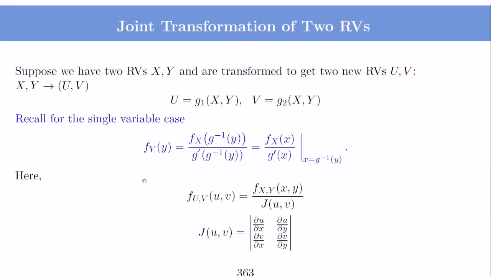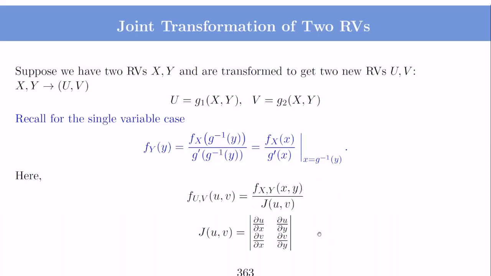So the joint PDF of two random variables u and v is given as the joint PDF of uv at u comma v is equal to the PDF of xy divided by the Jacobian, evaluated at the roots of this function g1 and g2.